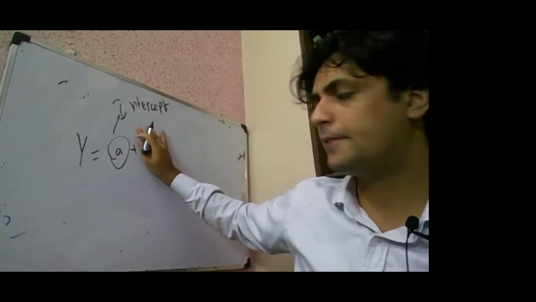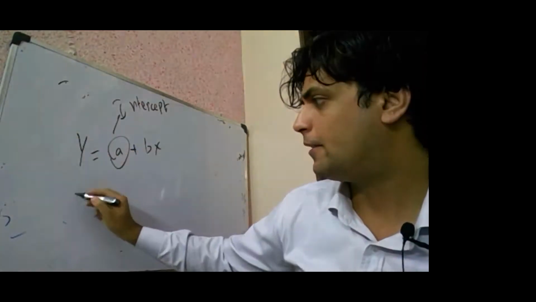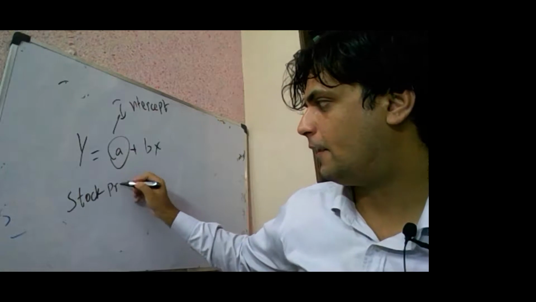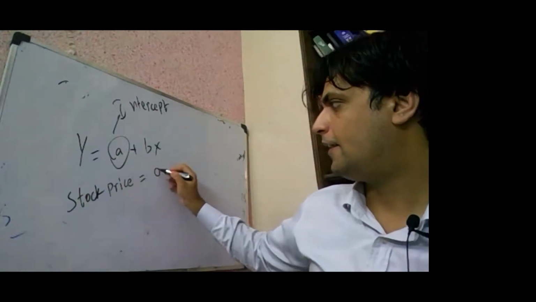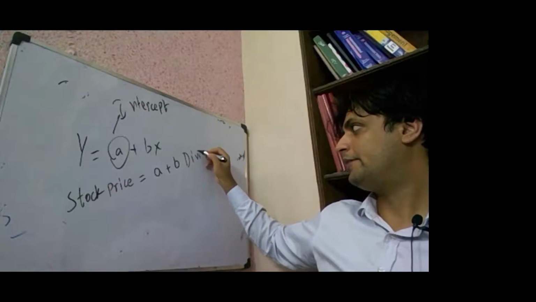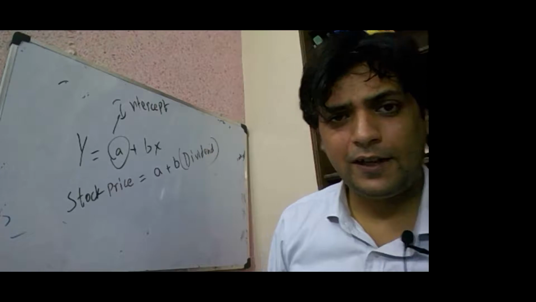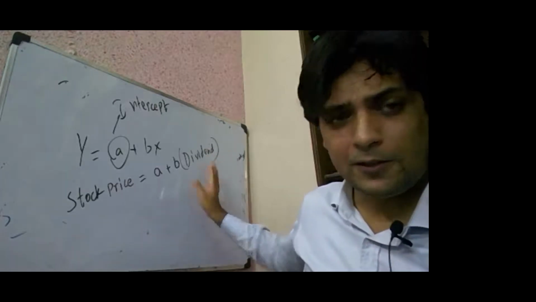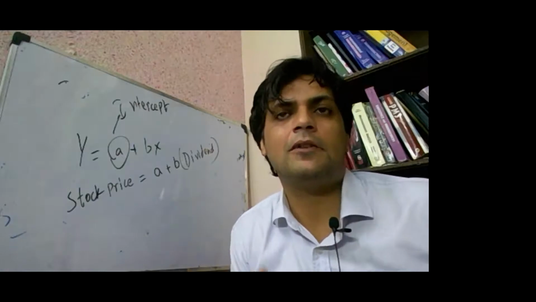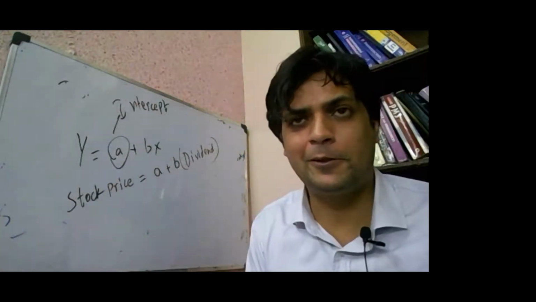What is an intercept? For example, if nothing happens, what will be the y? Let's say y is a stock price, and we say a plus bx, where x is a dividend. If there is no dividend, what will the stock price be? Even with no dividend, there is still a stock price, right?